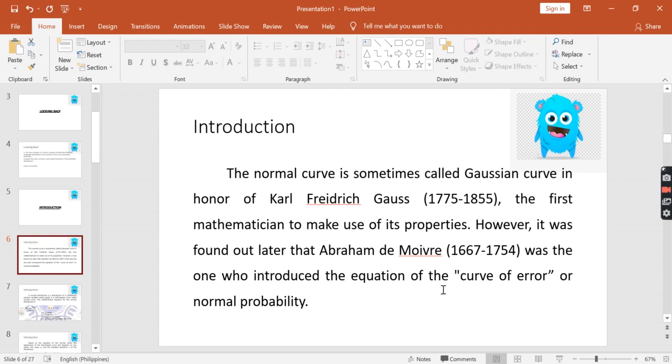He was the first mathematician to make use of its properties. However, it was found out later that Abraham de Moivre was the one who introduced the equation of the curve of error, or the normal probability. So it was Gauss, but later on they discovered the doings of Abraham de Moivre.